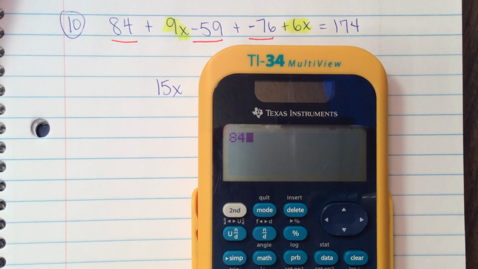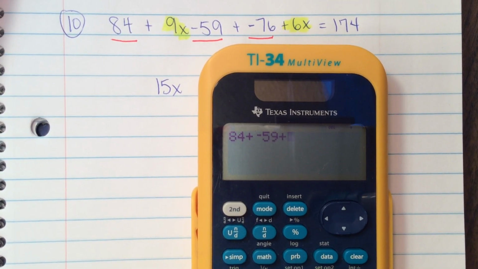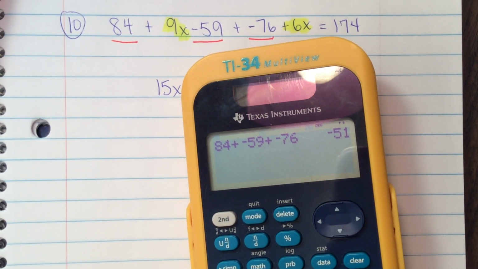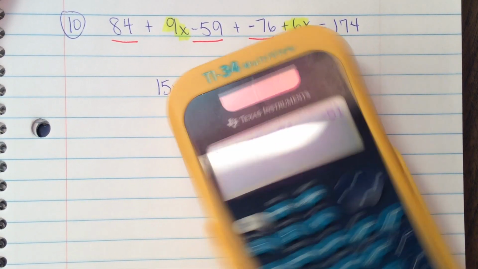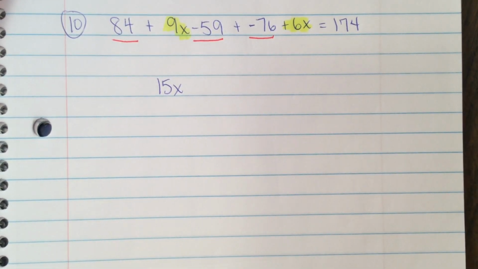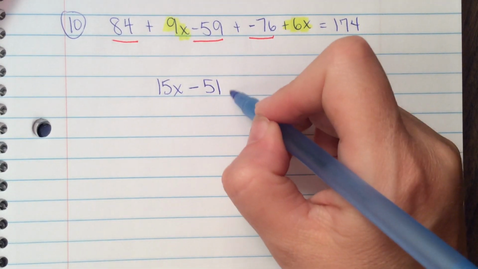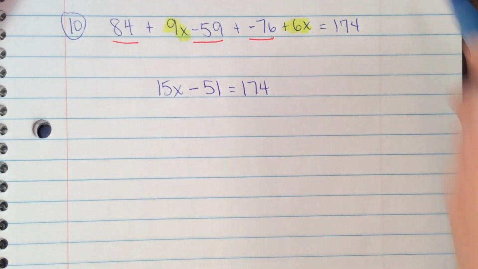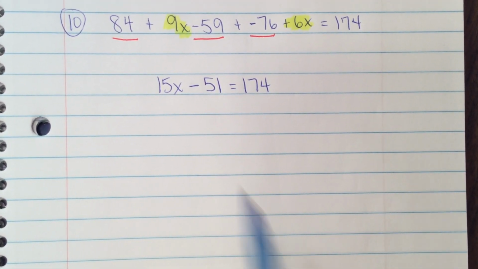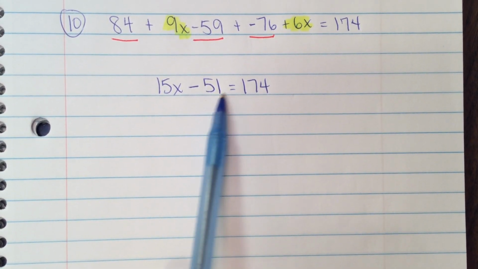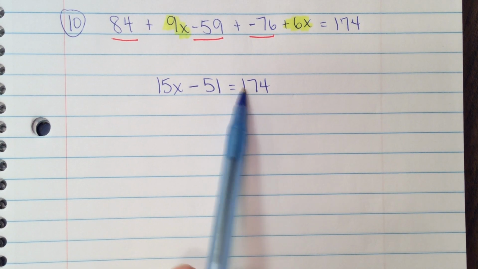So I have 84 plus negative 59 plus negative 76, and I get negative 51. Okay, so this is really my new problem. I have 15x minus 51 equals 174.